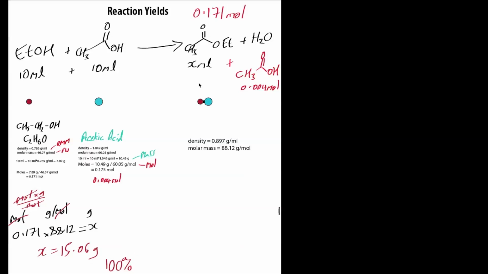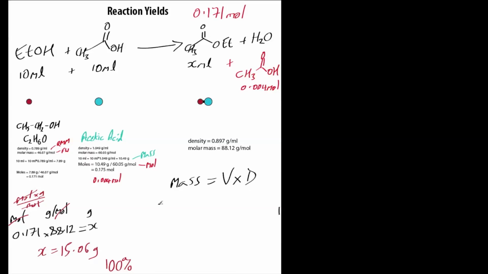Now what does that mean in terms of volume? Well, we need the density, so we need to work out how much volume 15.06 grams occupies. So let's do that now. So we have mass equals volume times density.